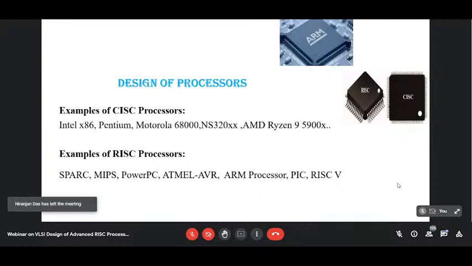But that doesn't mean less powerful; virtually they are more powerful than the traditional CISC processors. Some examples of CISC processors are Intel x86, Pentium, Motorola 68000, NS320XX, and AMD. And for RISC: SPARC, MIPS, PowerPC, ARM processor, which is very popular today, PIC, and recently RISC-V has emerged. We'll discuss it later on.